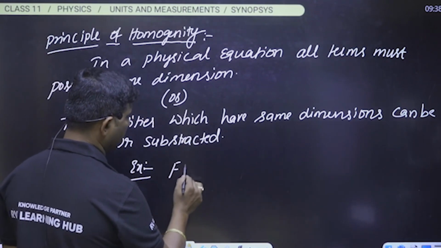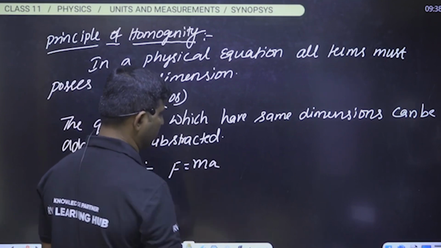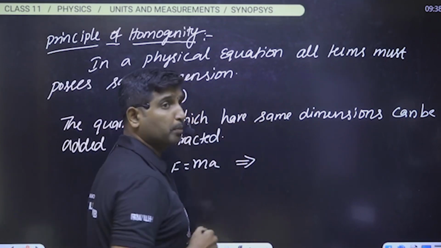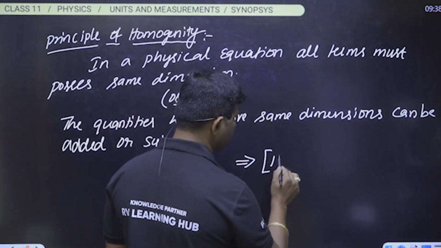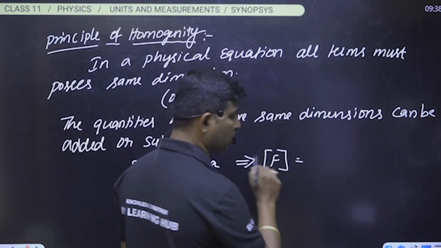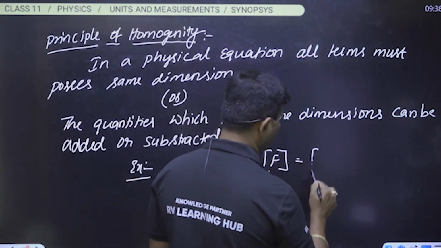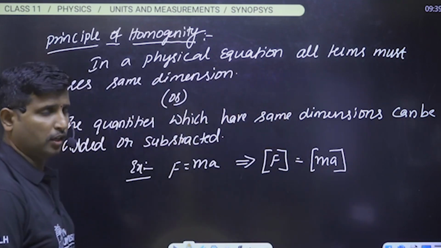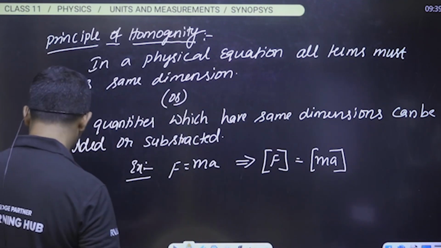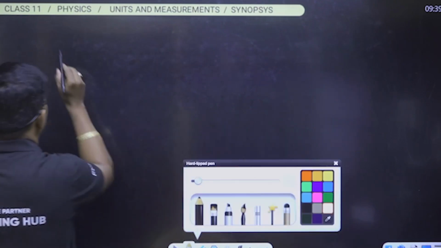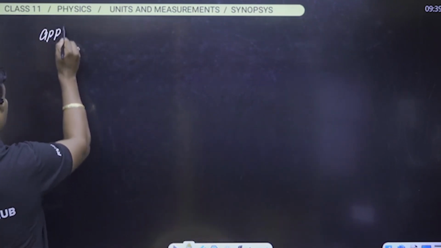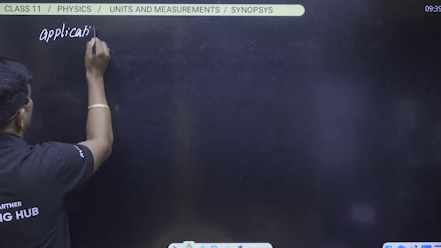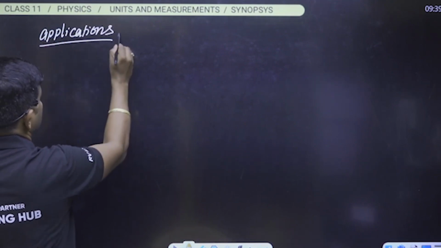So what is the meaning of that? For example, if I take force is equal to mass into acceleration, then according to the principle of homogeneity, we can say the dimensions of force must be equal to the dimensions of the product of mass and acceleration. So what are the applications, or what are the uses of this dimensional analysis?